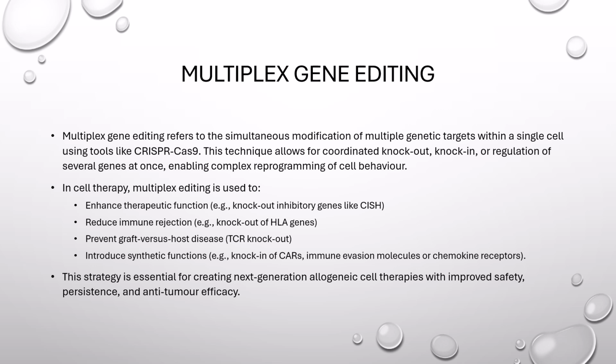This technique allows for a coordinated knocking in, knocking out, or regulation of several genes at once. You can make multiple changes to the gene, and therefore you can make complex reprogramming of the cell itself.